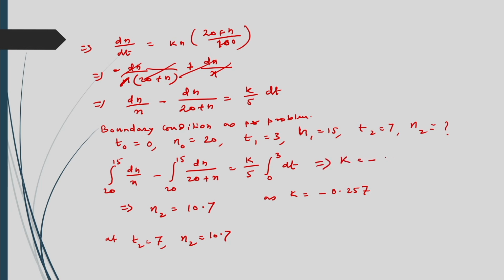Why? Because from this integration from 0 to 3, you get k equal to minus 0.257. After substitution of this k value again for the time limit from 3 to 7, you get N2 equal to 10.7. Here the final amount is N2.